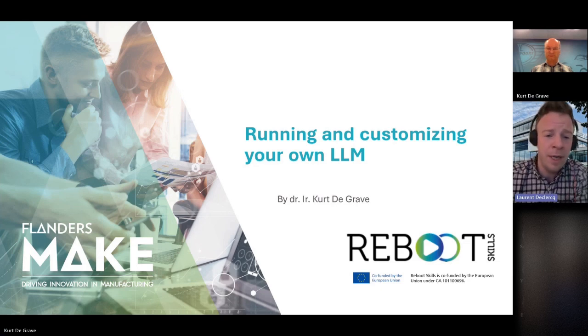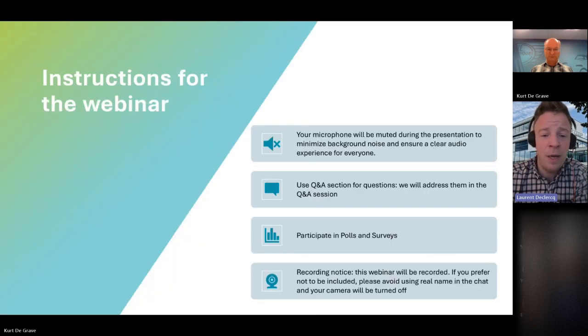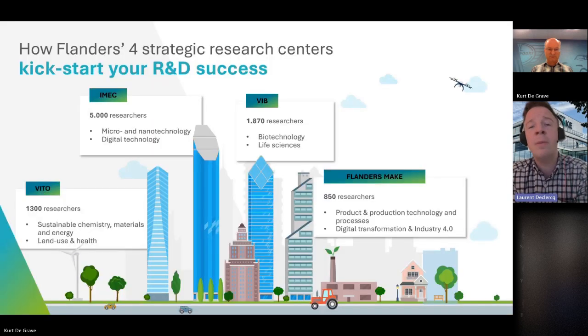Kurt, if you go to the next slide, I can just briefly present Flanders Make. We are one of the four strategic research centers in Belgium, and we are mainly focusing on supporting the manufacturing industry through applied research.